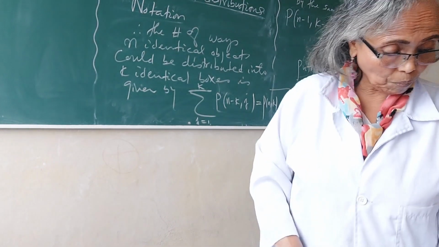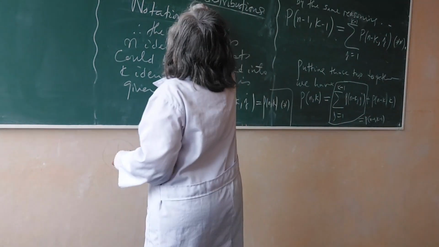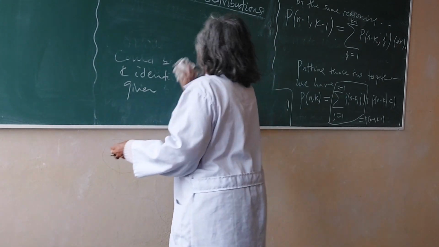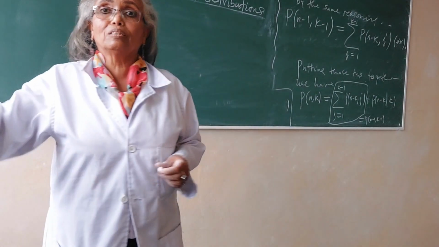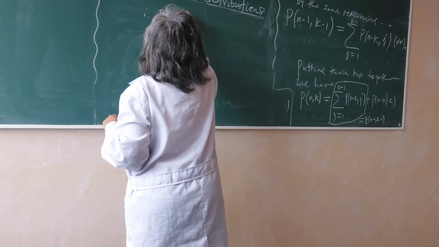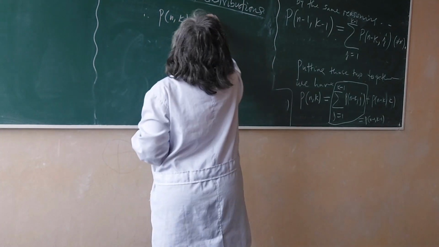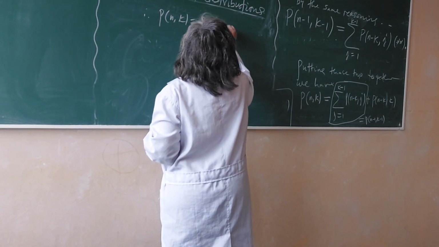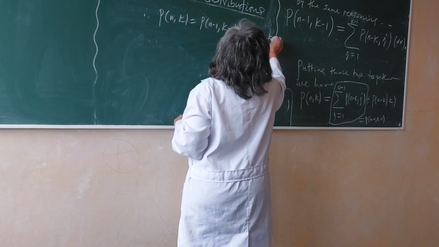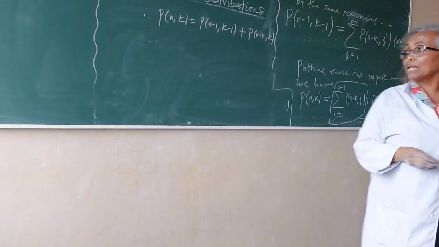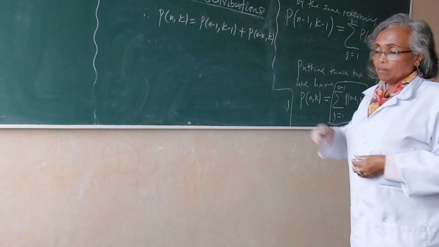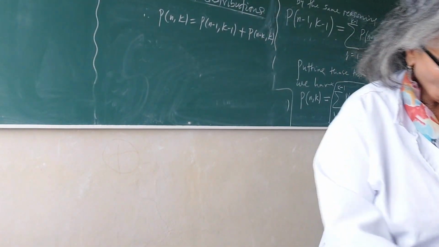So this will allow P(n, k) to be evaluated using its preceding term. It's a recursive formula. P(n, k) is nothing but P(n minus 1, k minus 1) plus P(n minus k, k). These are reduced, because n and k are reduced by 1 here, and here a lot.